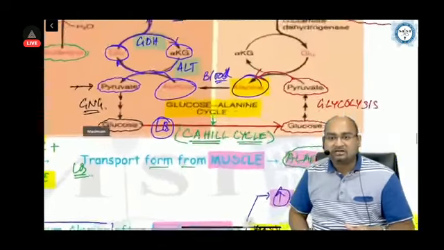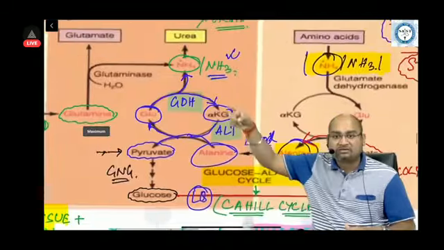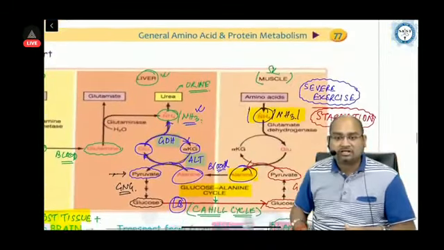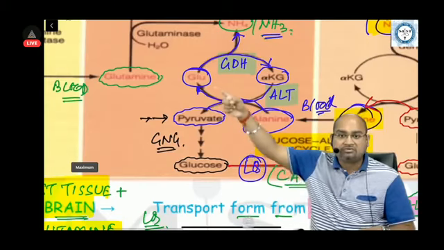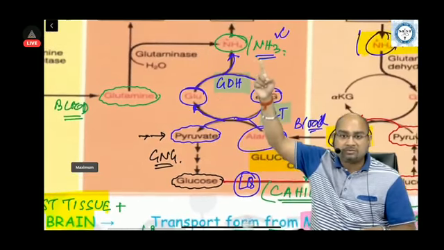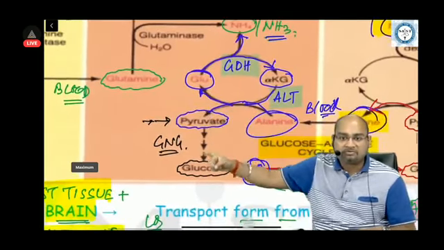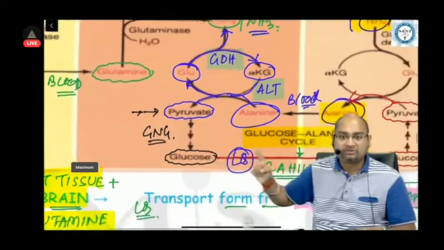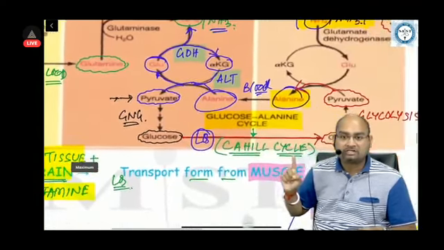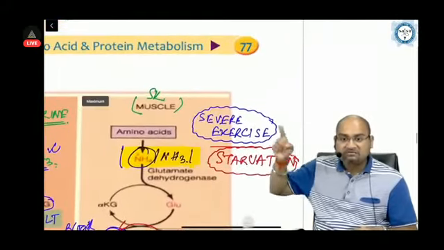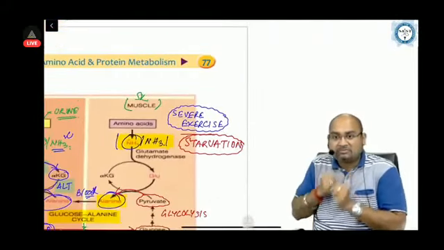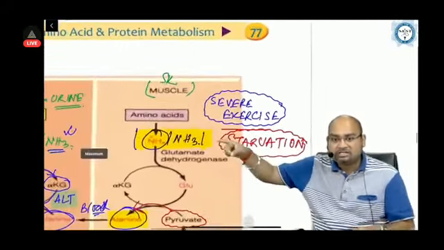Once this alanine comes to the liver, it first undergoes transamination to give glutamate. Glutamate will release the ammonia, but the byproduct is pyruvate that will go for gluconeogenesis. By the glucose alanine cycle or Cahill cycle, it is converted to glucose. So whenever we are performing severe exercise, our muscle amino acids are broken down, and there is release of ammonia.